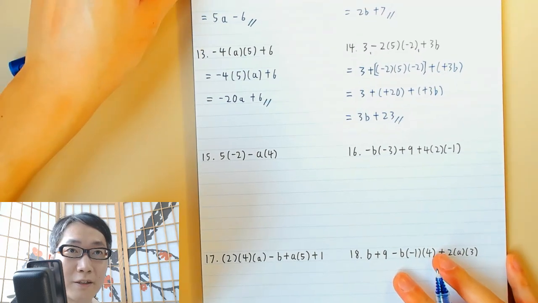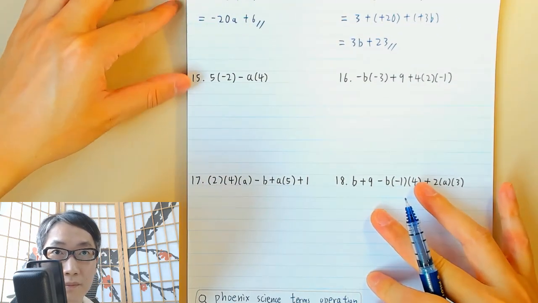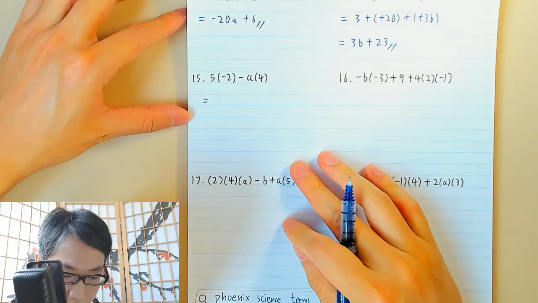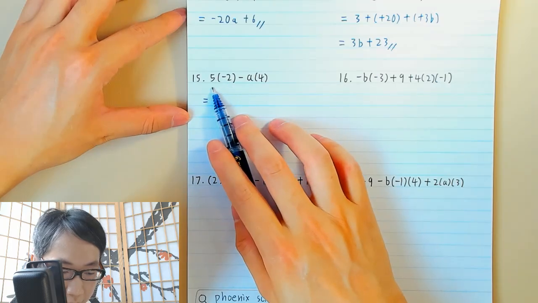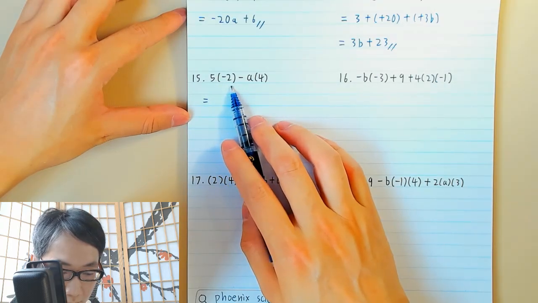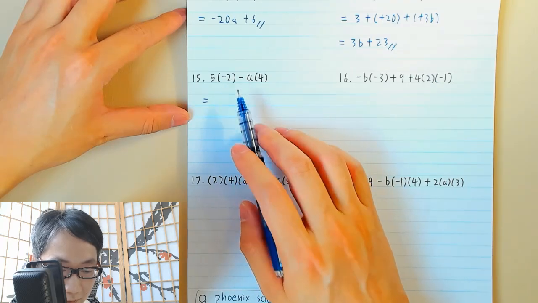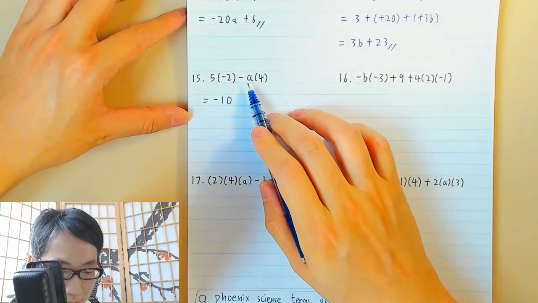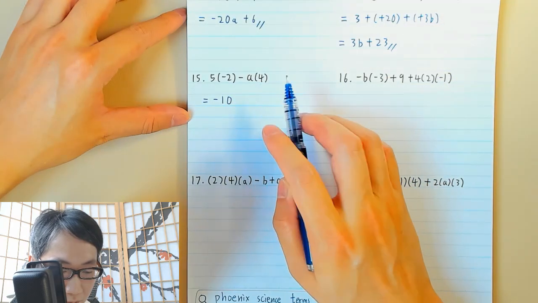And then number 15. So first term here, we have 5 times -2. So this will be 5 and 2 will be a 10, but negative, so -10. And then minus a times 4.